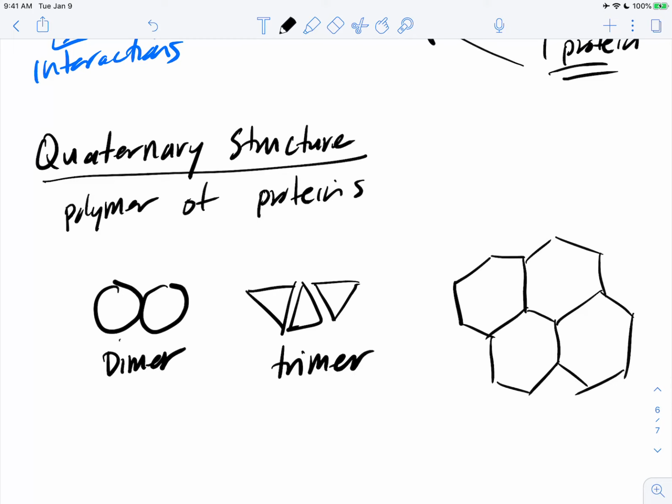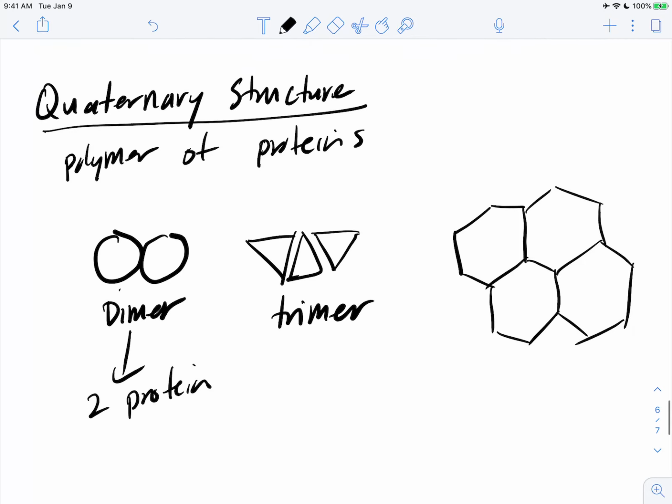So we can keep going on with that, but basically know that a dimer is two proteins. So this is two proteins that once they folded individually, they're going to stick together, and that increases stability. This would be 3 proteins and 4 proteins. And this, again, is all increasing the stability, and so that's why we see a lot of this.